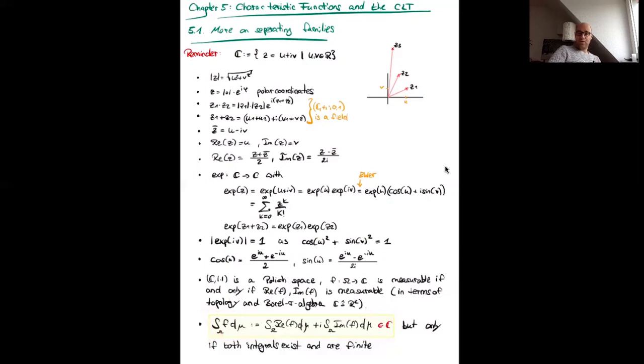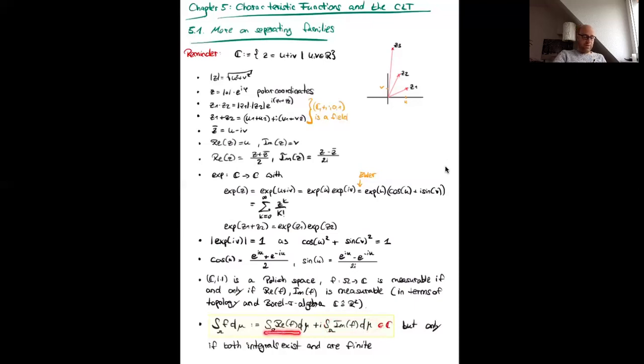In Stochastik 1, the integral was only defined for mappings from omega to R. So here's a definition for a mapping f from omega to C. We just define it to be the integral over the real part plus i times the integral over the imaginary part.